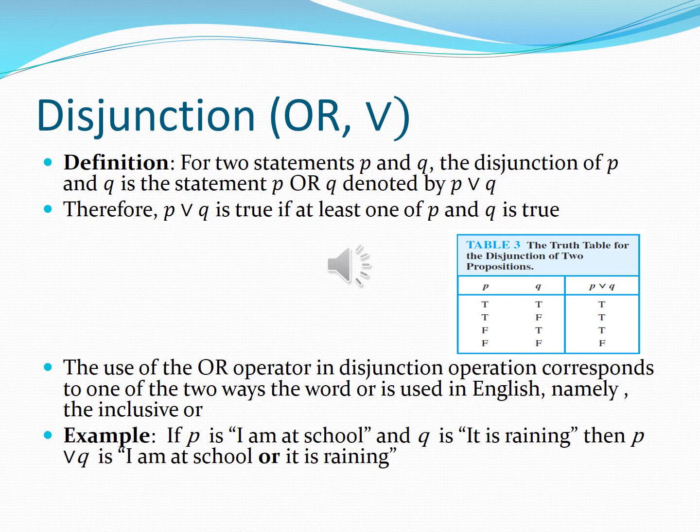The use of the OR operator in the disjunction operation corresponds to one of the two ways the word OR is used in the English language, namely the inclusive OR. Example: if P is "I am at school" and Q is "it is raining," then P or Q is the statement "I am at school or it is raining."